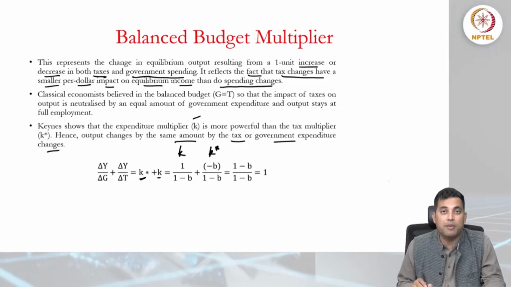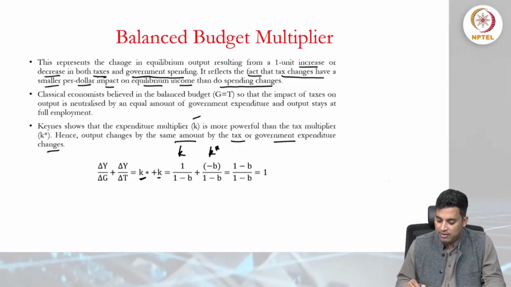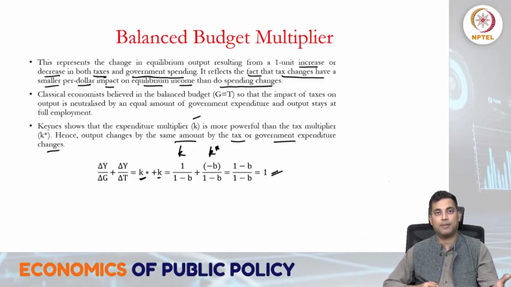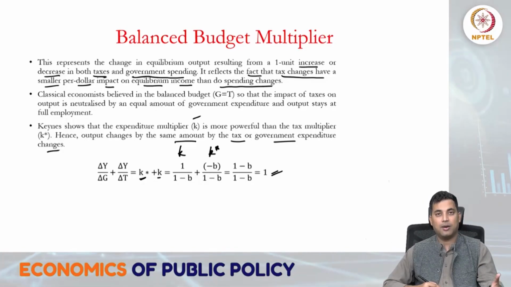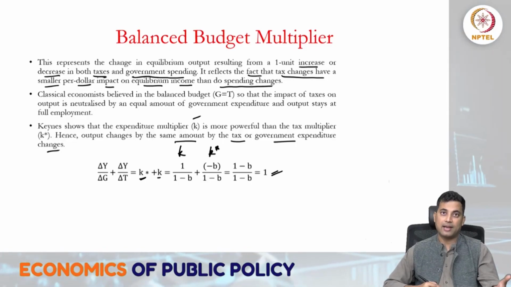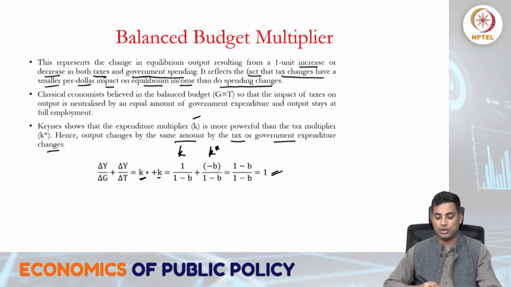Together, 1 minus b by 1 minus b is equal to 1. So this is what we call the balanced budget multiplier, the sum of the government expenditure multiplier and the tax multiplier, which equals 1.